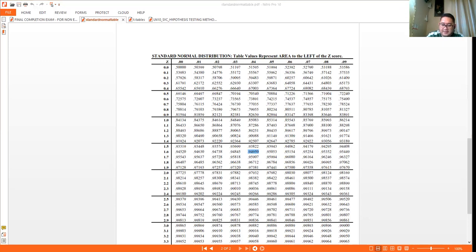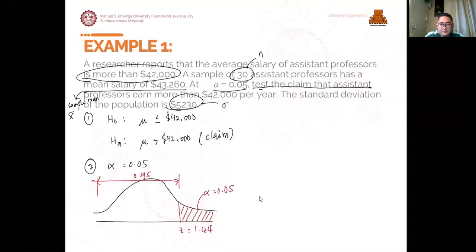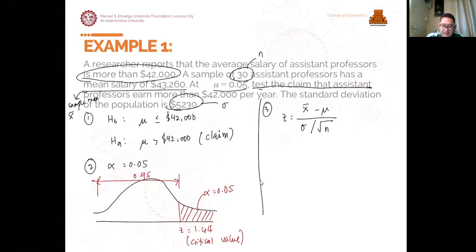Okay? Going back sa slide. Okay, so, ito yung critical value natin, 1.64. Ngayon, lagyan natin: critical value. Okay? Next is, kunin daw natin yung test value natin. So, yung test value natin magagaling doon sa equation natin ng sample mean minus yung population mean all over standard deviation divided by square root ng n. Okay? So, substitute lang natin yung values.